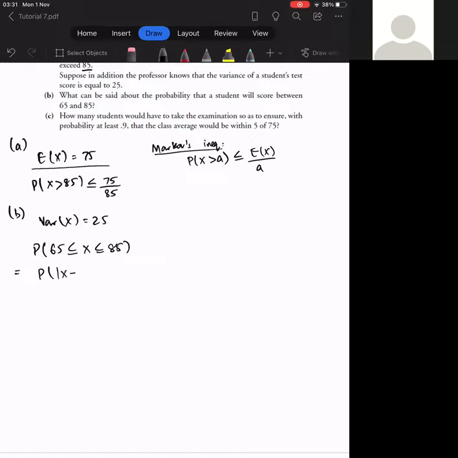I'm going to rewrite this as the difference between X and 75 being greater than 10.